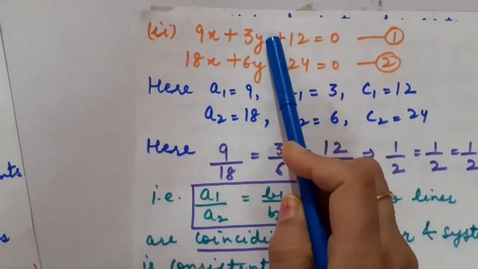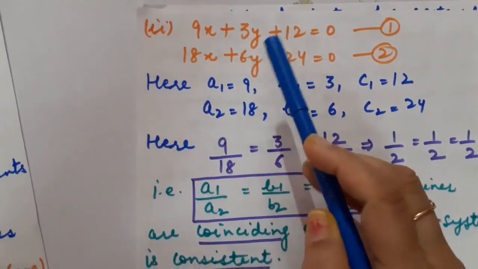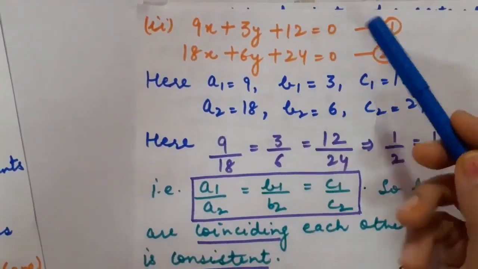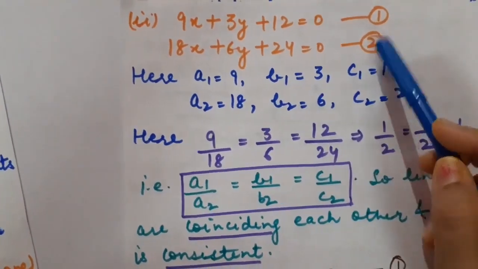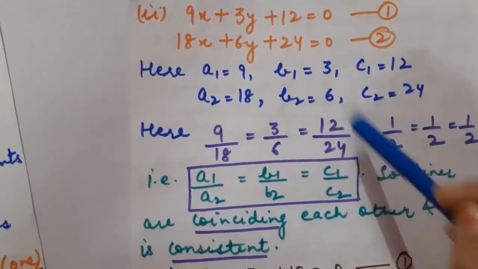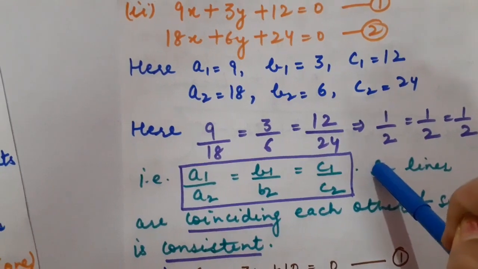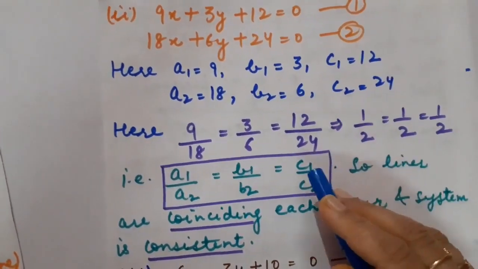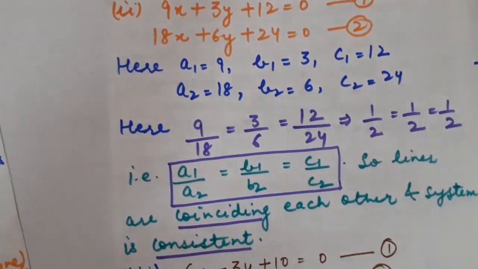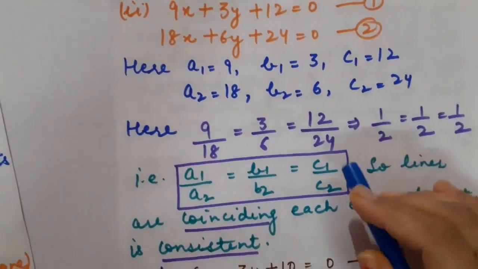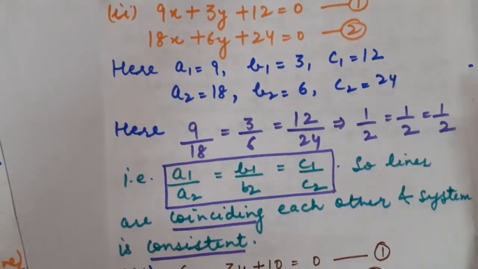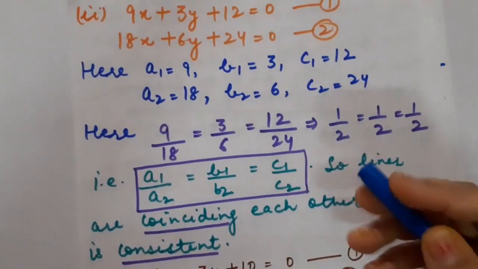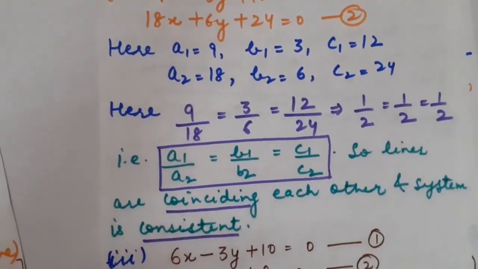Using this pair of equations, you have to find the coordinates, means x as well as y, abscissa and ordinate. Then plot them, both lines will be represented on the Cartesian plane. Through that you can judge whether the lines will be intersecting or coinciding. So through that you can easily come to know which solutions will be existing.